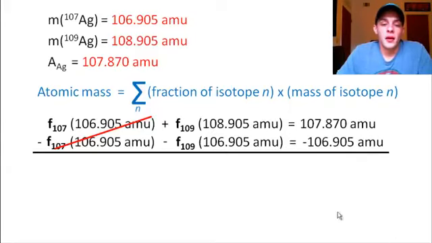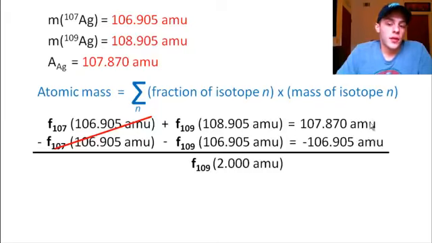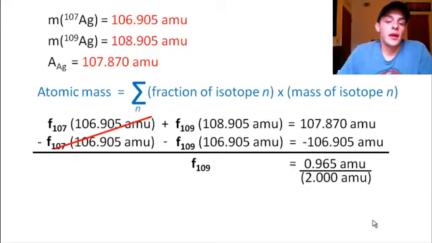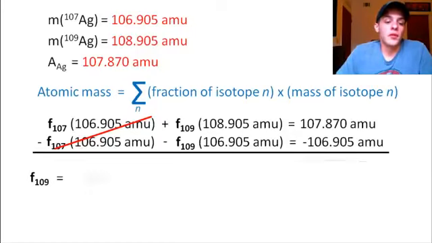So if we add the left-hand side of the equation together, we will get F109 times 2.000 AMU. And then we add the right-hand side of the equation together. That's going to give us 0.965 AMU. So to get the fraction of silver 109, you simply divide that 0.965 AMU by 2 AMU, and that will give you your answer, which is 0.482.